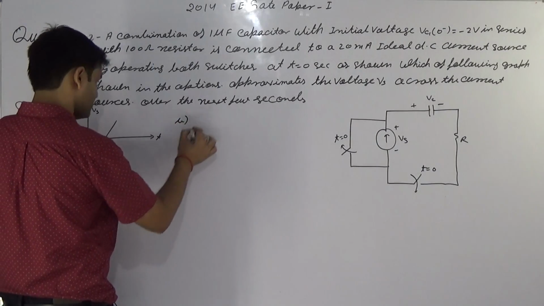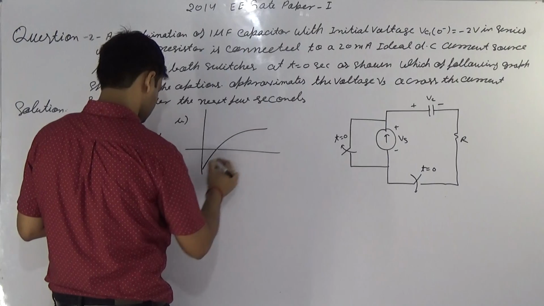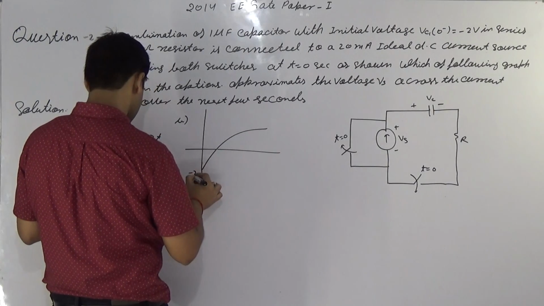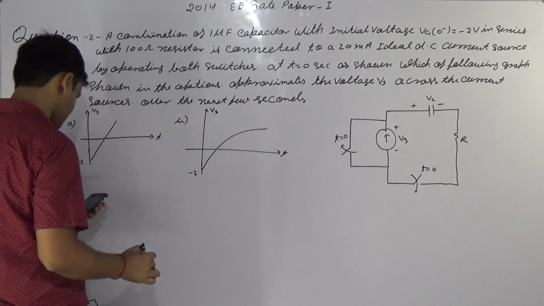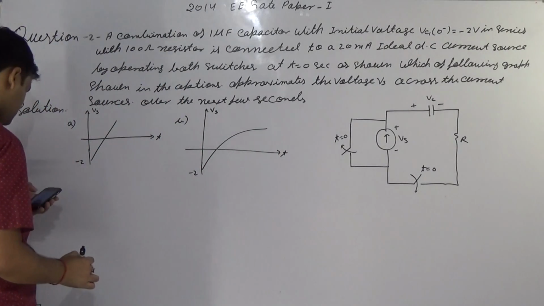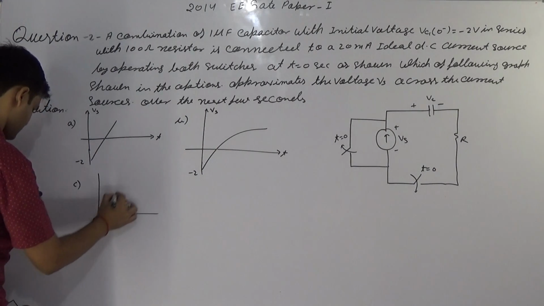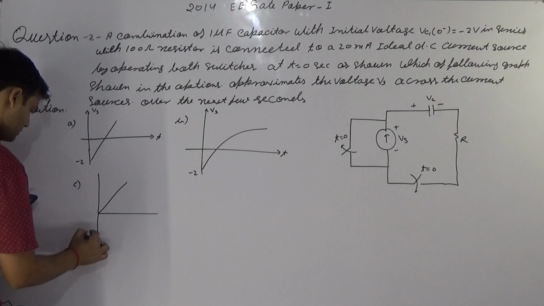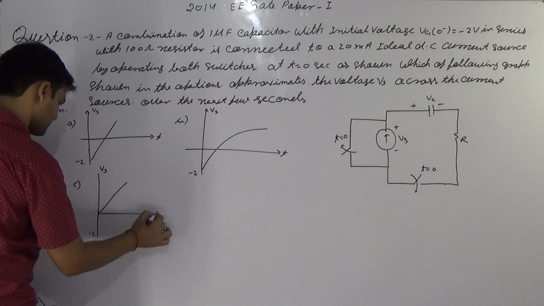Second one: minus 2, Vs, t. Third one, C: minus 2, Vs, t.